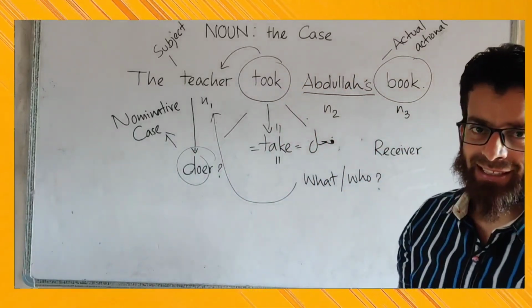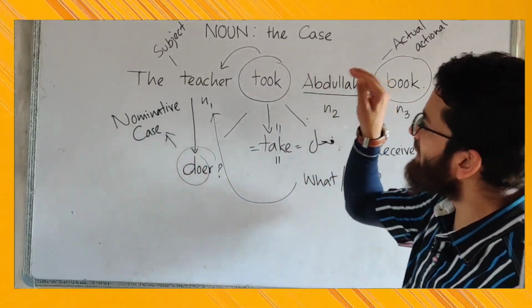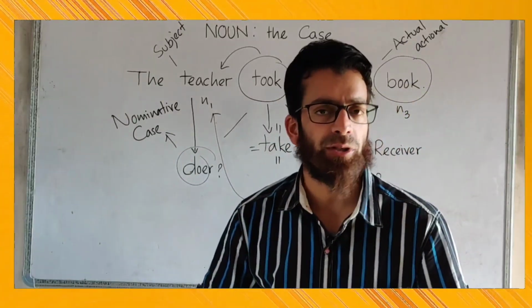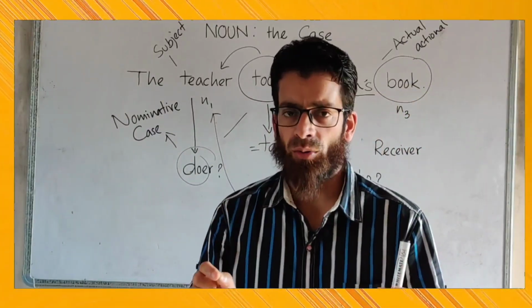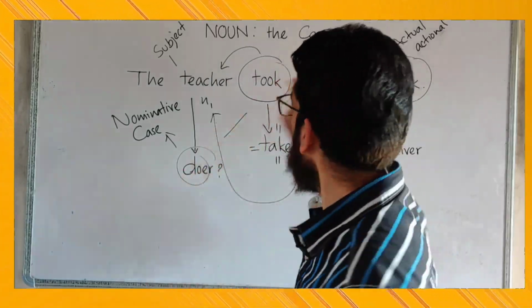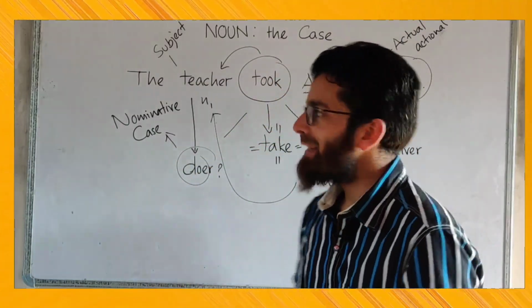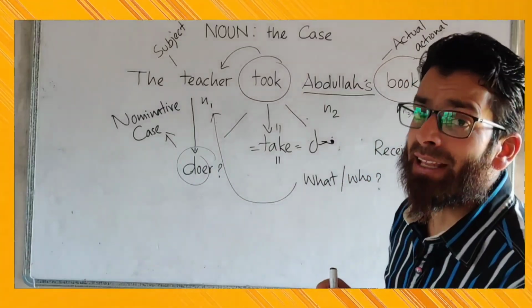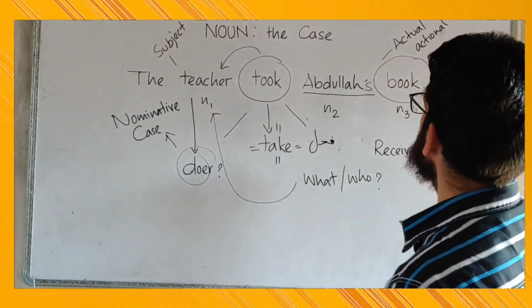सो दिस बुक stands as the object of this verb took, and any noun which stands as the object of the verb, that noun is said to be in the accusative case.